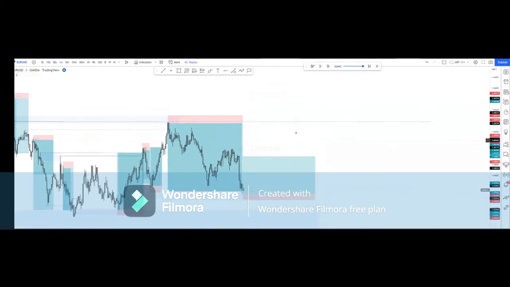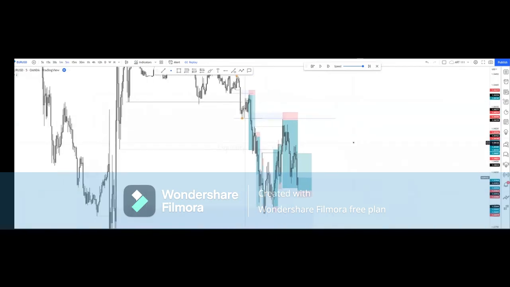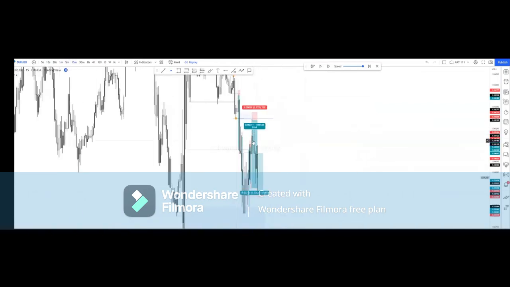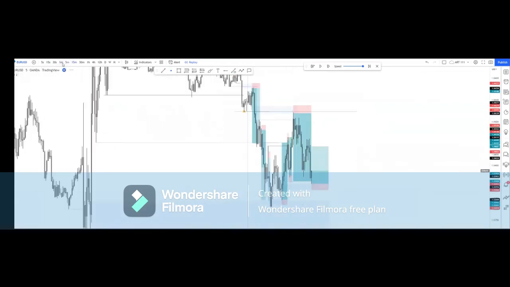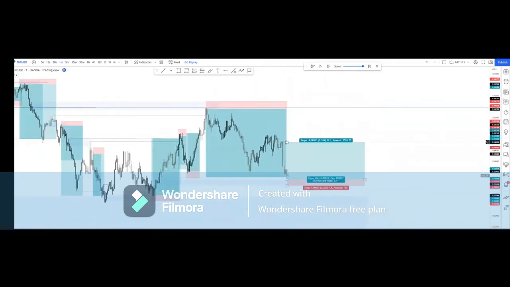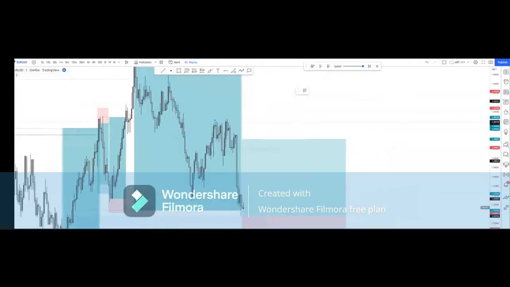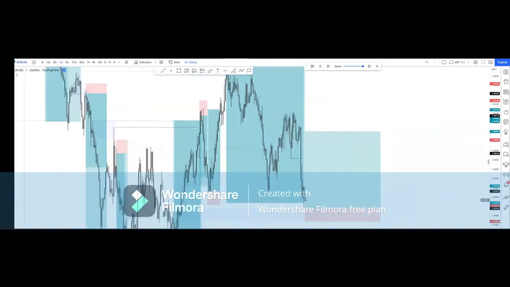Now for this long, where are we gonna target? So I would like for price to take out these highs, but that's already a strong high actually. It shouldn't break. So that's a strong high.